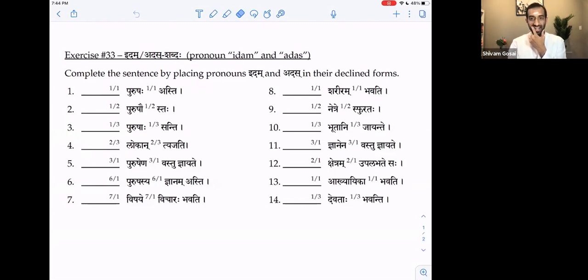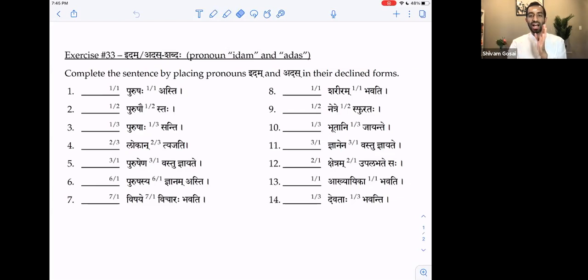Now if we want to say akhyayike, 1, 2, what is the form of adas? Amu. So amu akhyayike bhavataha. Right? Because you have to change the verb too.